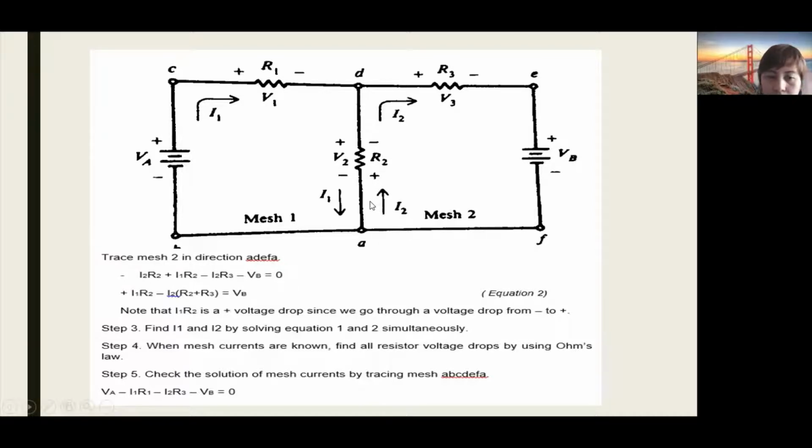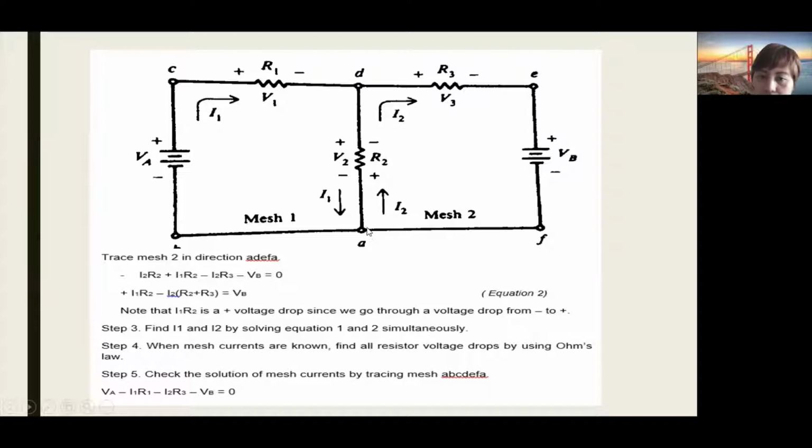So I1 and R2 is going to a voltage drop from, you will see here, negative to positive. So that's why it's positive, okay?